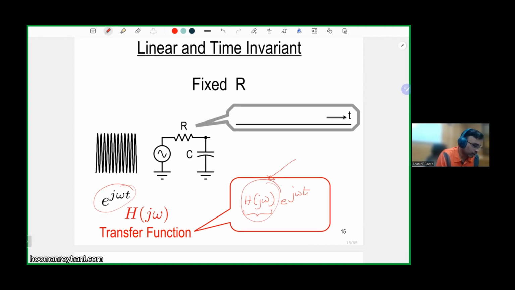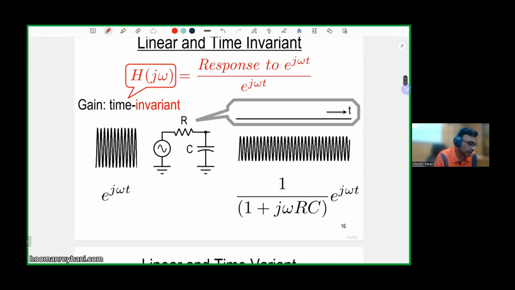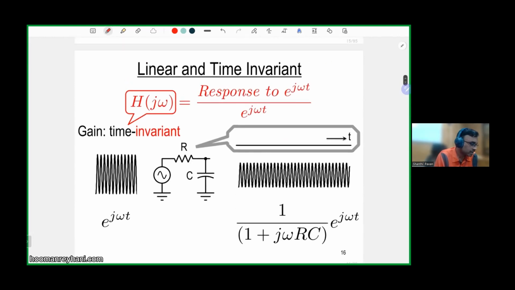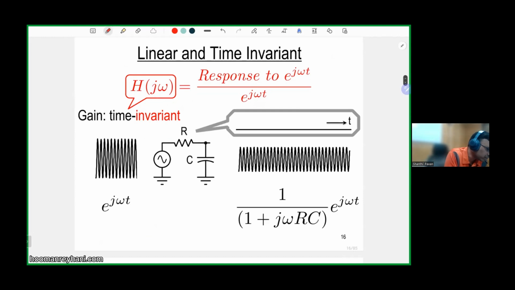And what can we say about this gain? Remember that the output is basically H of j omega times e to the j omega t, and therefore H of j omega can be interpreted as the response to the sinusoid divided by the input itself.